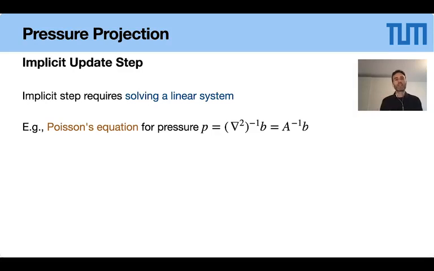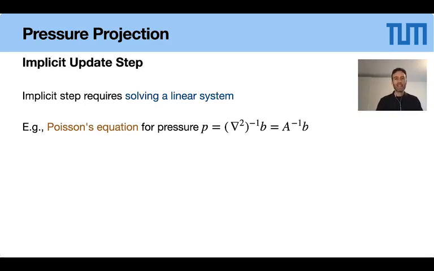If we rewrite that and call the divergence term B for the right-hand side, and bring the Laplacian over to the other side, then we get the pressure P being equal to the inverse of the Laplacian times the right-hand side, or in the following just written as A inverse times this right-hand side B, whatever that is at the moment.